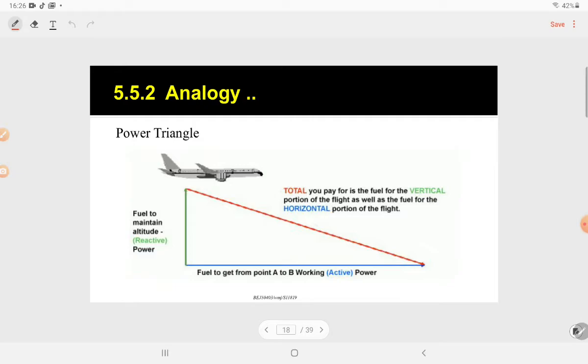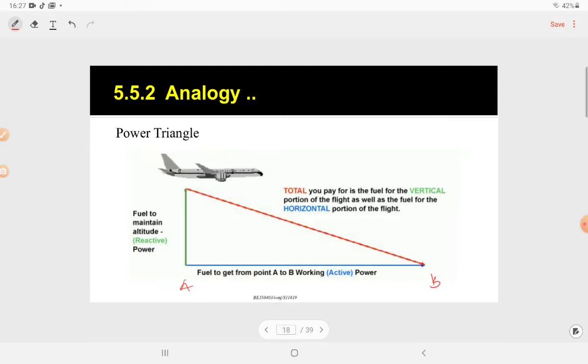so okay, this is the analogy of the power triangle. Let's say you have an aeroplane traveling from destination A to destination B, right? Okay, so we know that an aeroplane is not a land vehicle, it is air transportation, right?